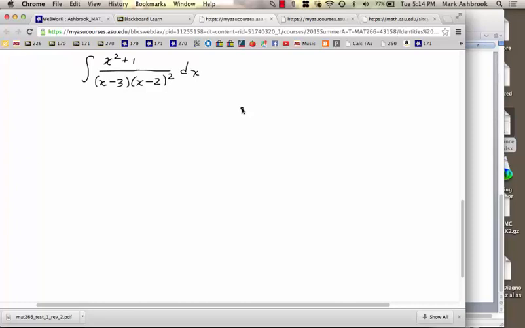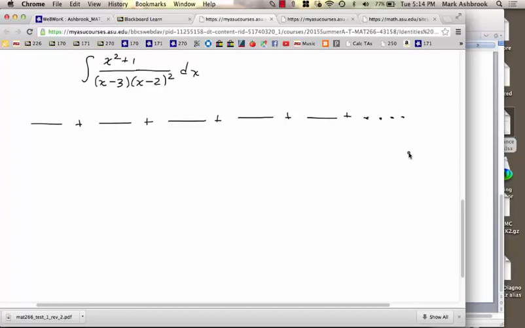So 3. And the degree of the numerator is obviously 2. So we're not going to long divide. So we've got to think of all the possible denominators that we're going to need here. I'm not saying it's all these, but we need to cover all our bases.